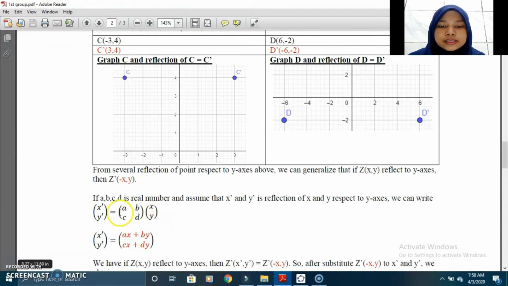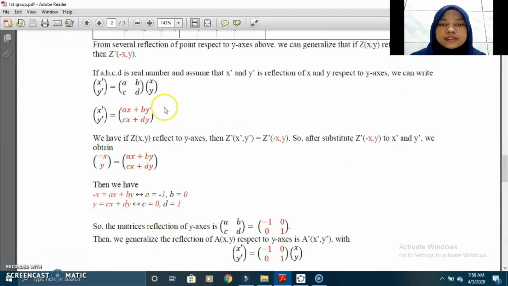This matrix is equal to ax plus by, cx plus dy. Then we substitute Z' into x' and y'. We have this matrix.